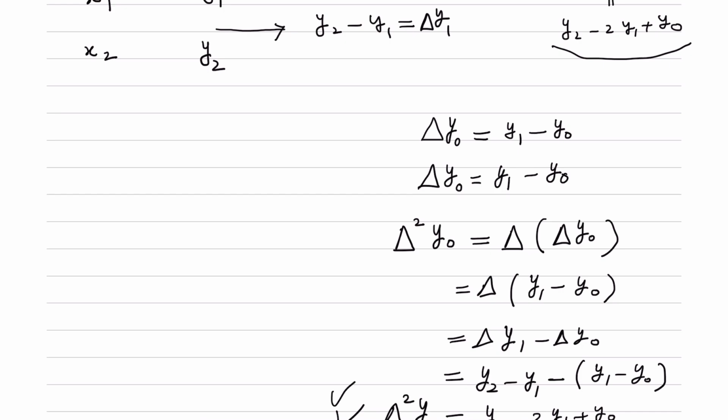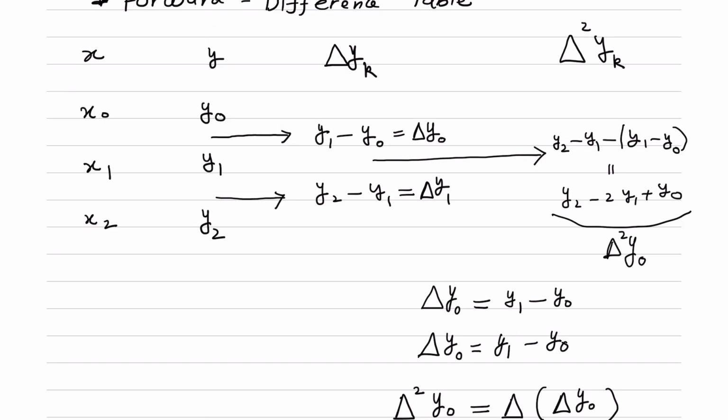So you can see that in the fourth column, the value you got was obtained by making the difference forward y1 minus forward y0, or it was calculated as the difference y2 minus y1 minus y1 minus y0. And now we have seen that this term y2 minus 2y1 plus y0 is actually equal to forward square y0. When we expand forward square y0, we get y2 minus 2y1 plus y0.